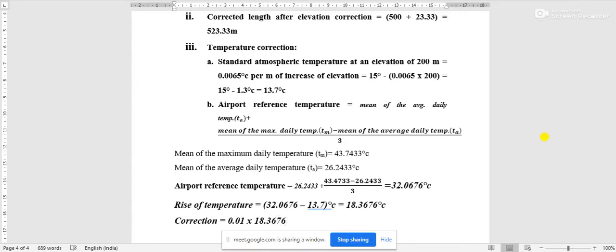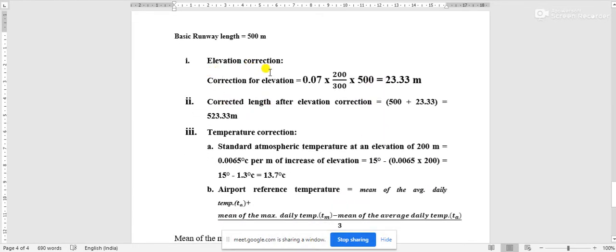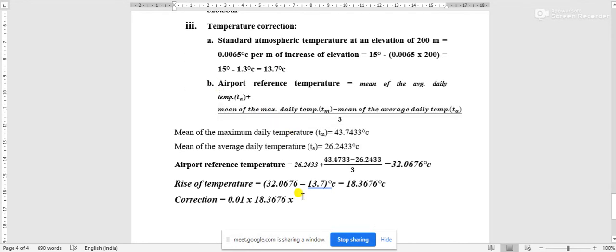This much of degree Celsius rise of temperature, multiplied by the airport length after getting corrected, after this elevation correction, that is 523.23.